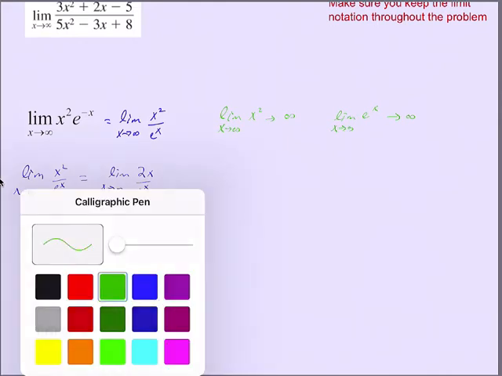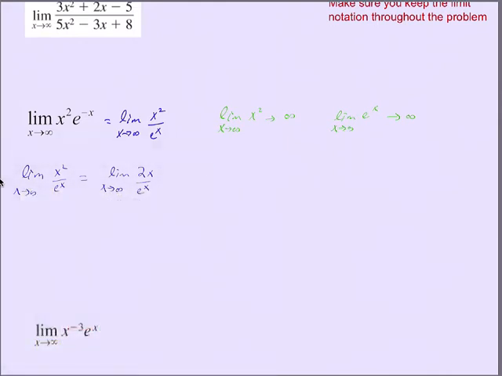So we'll have to apply L'Hopital's rule again and say the limit of 2x as x approaches infinity is also infinite, and the limit of e to the x as x approaches infinity is also infinite. So we'll have to do this again, and this is something that happens a bunch with L'Hopital's rule, that sometimes you've got to do it again.